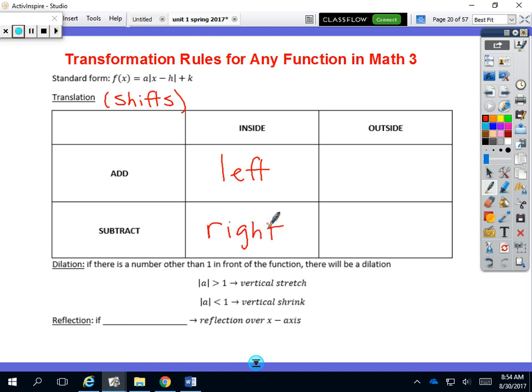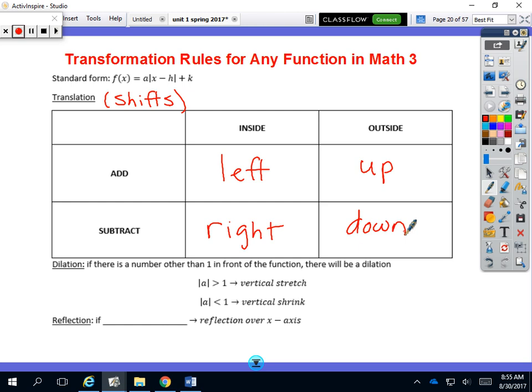Remember, these are kind of counterintuitive. Add inside is left, which is really going in the negative direction. Subtract inside is right, which is really going in the positive direction. But for the outside, for the k, up is positive, up is add, down is subtract.